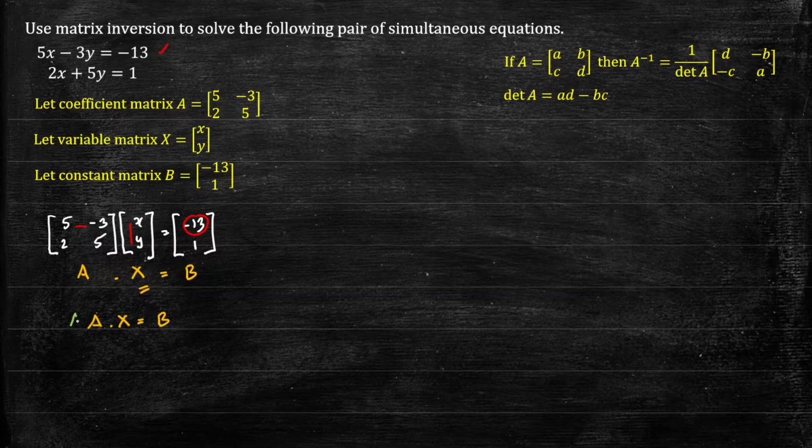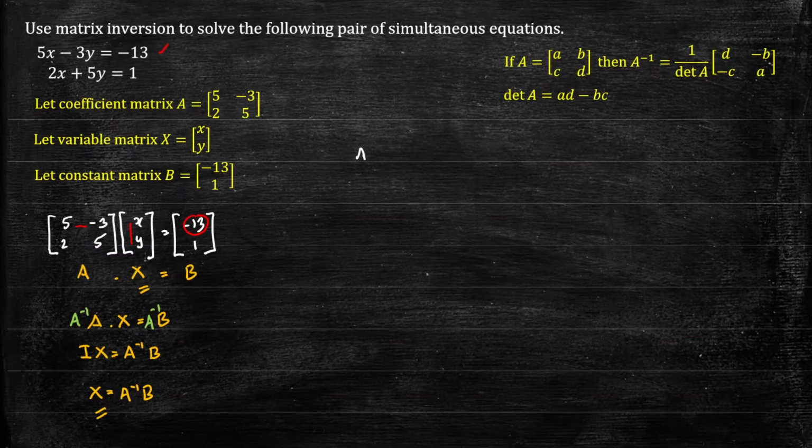So we do that by pre-multiplying by the inverse of matrix A. Any matrix times its inverse is the identity matrix. So we have I X equals A inverse B. And the identity matrix times the matrix will just be simply the matrix. So X equals A inverse B. So to find our required matrix, we have to multiply the inverse of A by B.